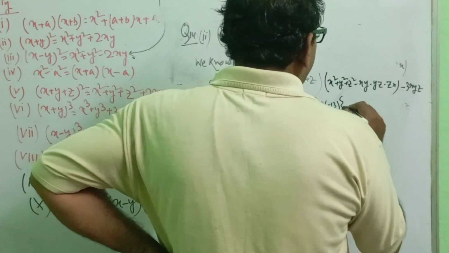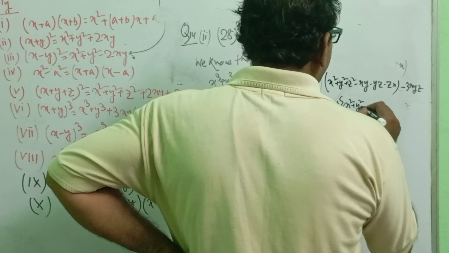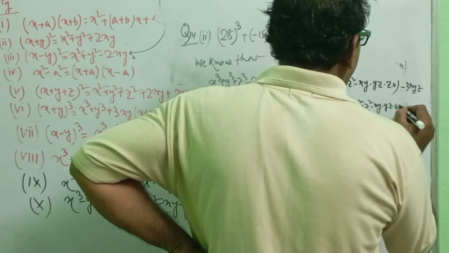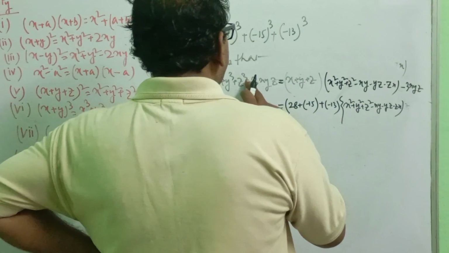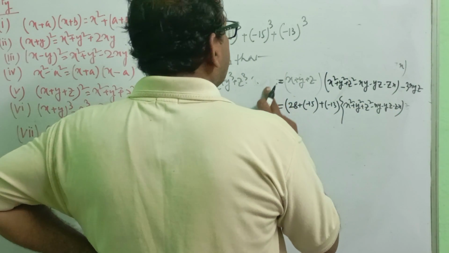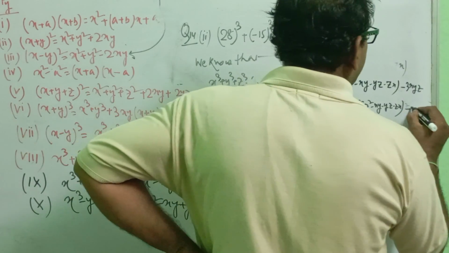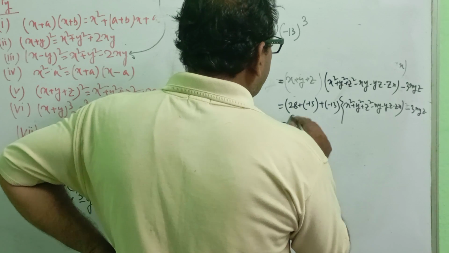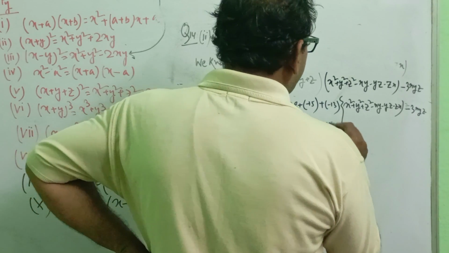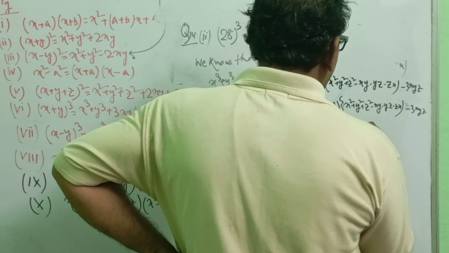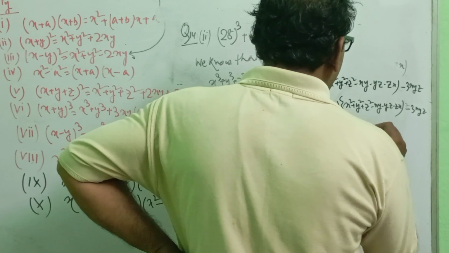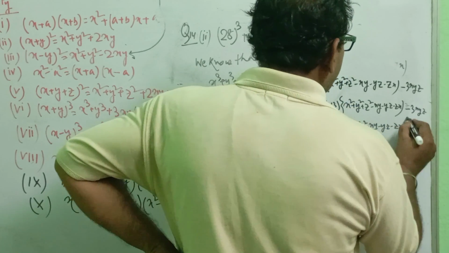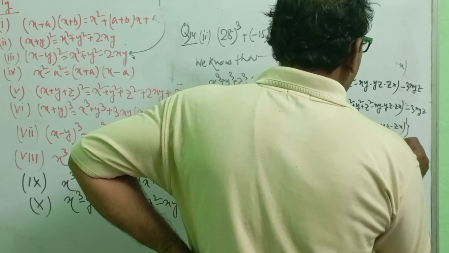So this portion, 28 minus 15 minus 13, into (x square plus y square plus z square minus xy minus yz minus zx), minus 3xyz.